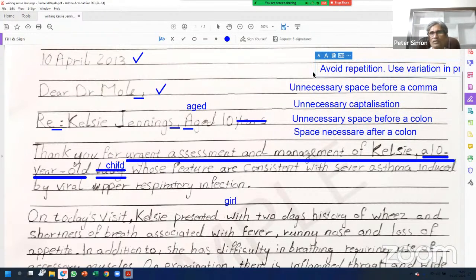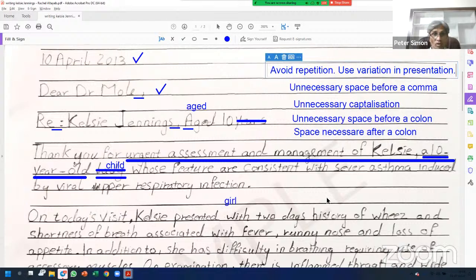Use variation if you want. Never repeat anything. Okay, Kelsie, comma, whose features are consistent with severe asthma induced by viral upper respiratory infection.